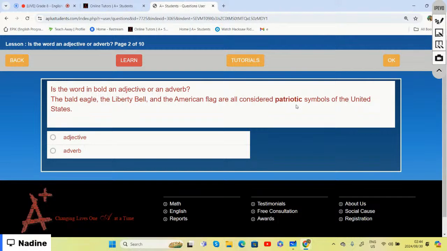So the word patriotic, we need to say if that word is an adjective or if that word is an adverb. Patriotic.